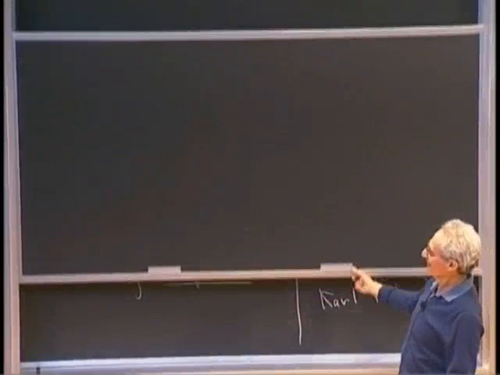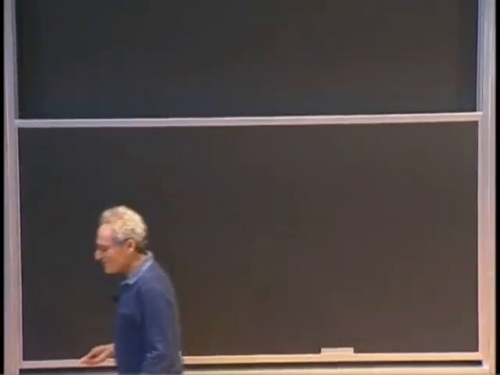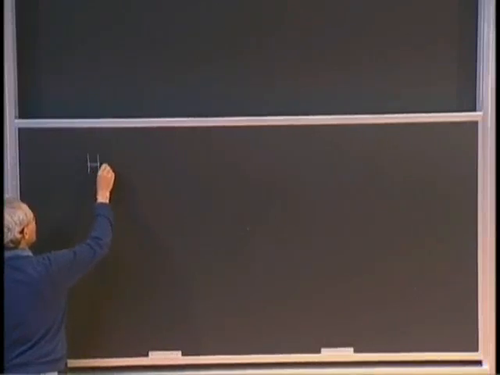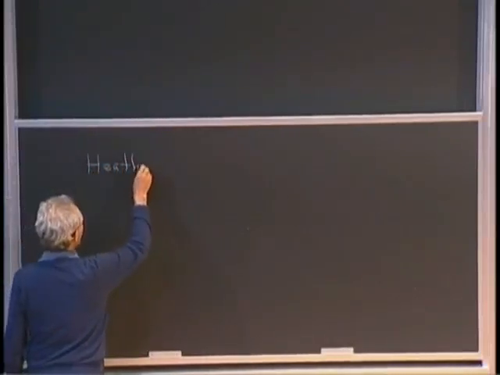Okay. All right. So the roots of the problem that we're going to talk about start, at least for us, with a paper of Heath Brown, a famous paper, actually, a pair of them.